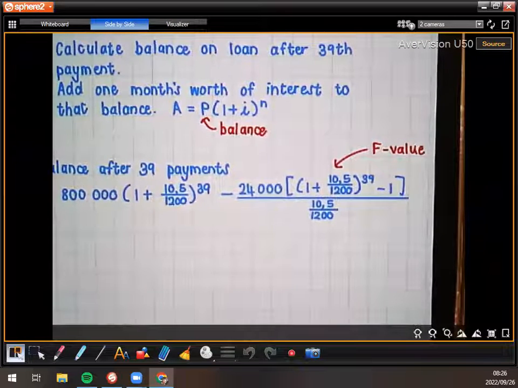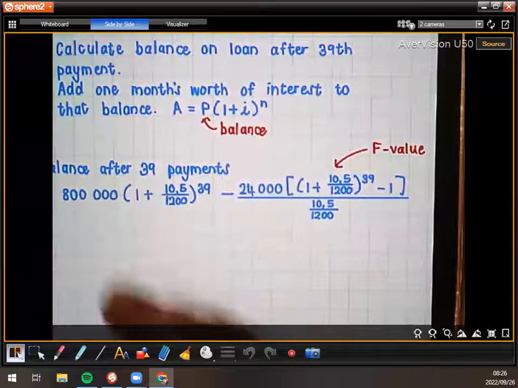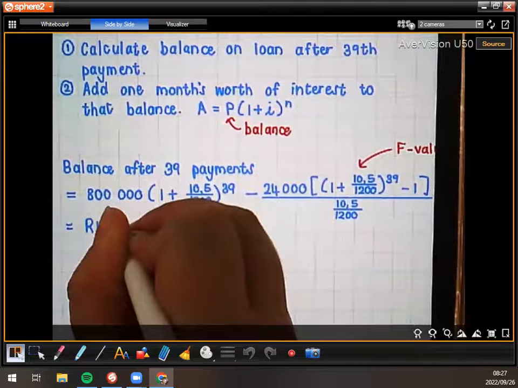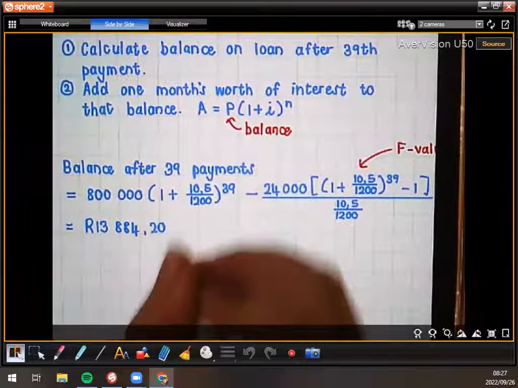All right, let me quickly see what this is. Okay, I am getting 13,884.20.